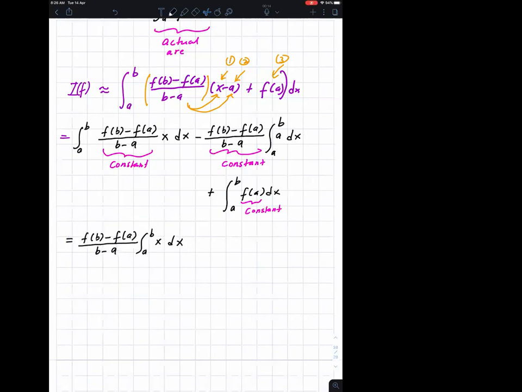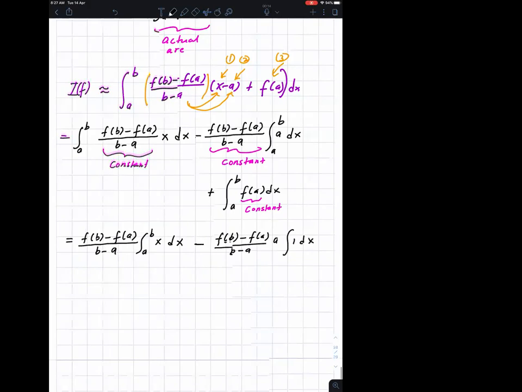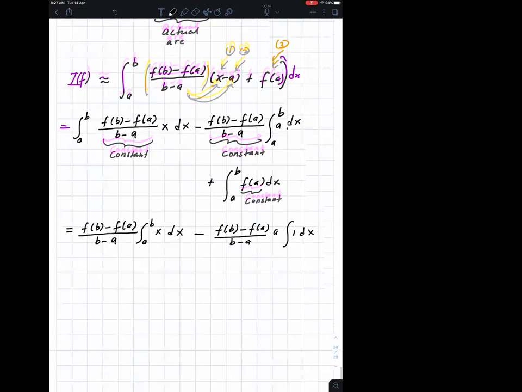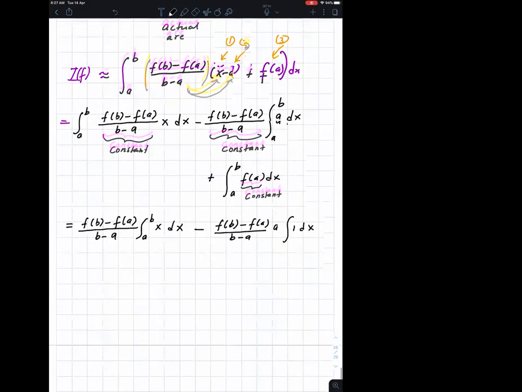I'm going quite slow here so you can also brush up your integration. Then you have an a here. What you have inside is just 1 dx. First put the integrals correctly in the correct position, then integrate. You'll be less prone to making mistakes.